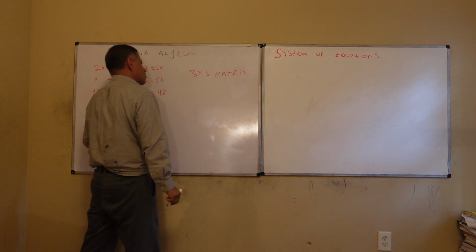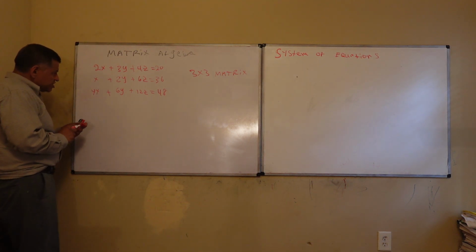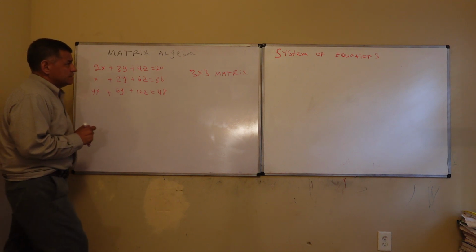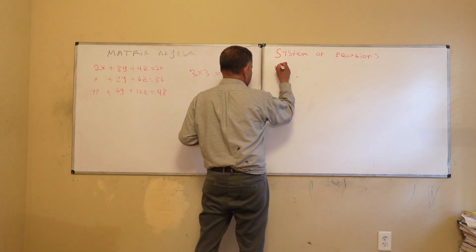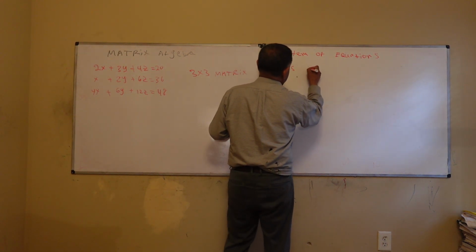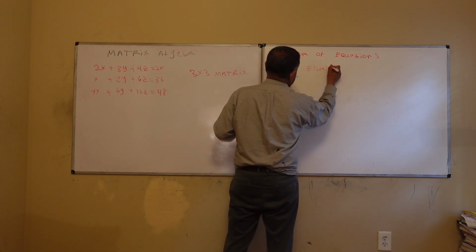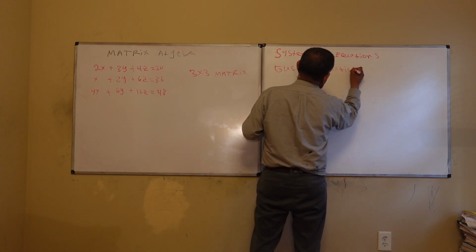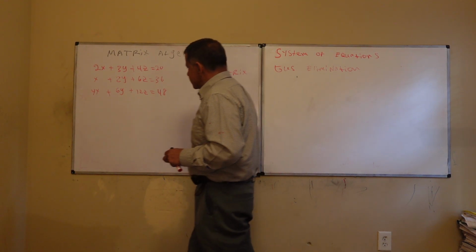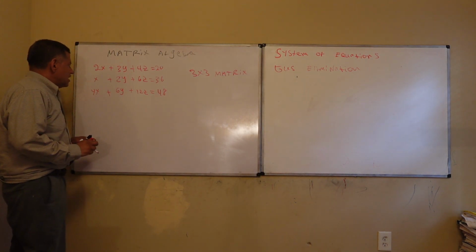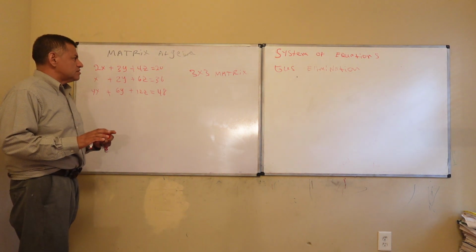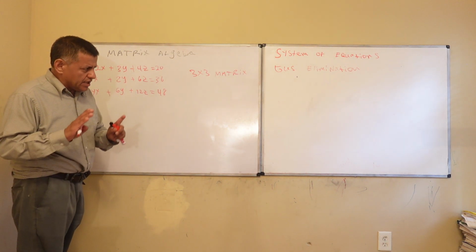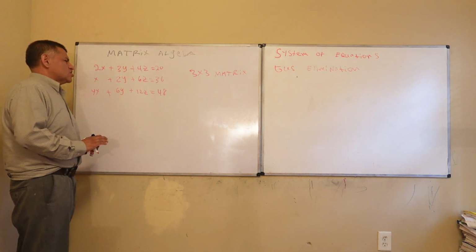So the first step, if we do the first method, is elimination. It's also called the Gaussian elimination, and also a triangular form, and we will see what is going on here.